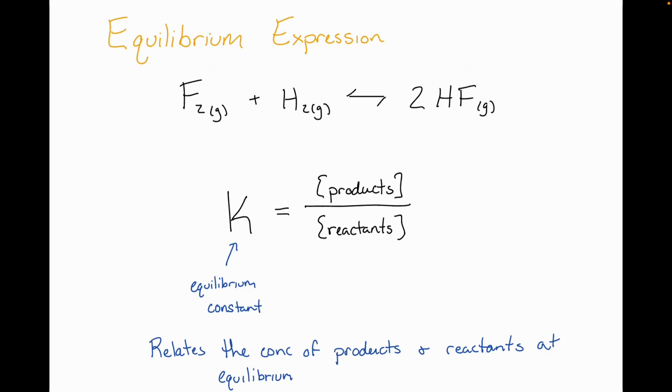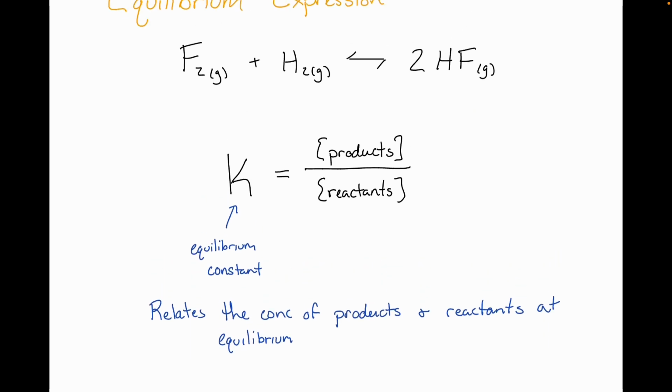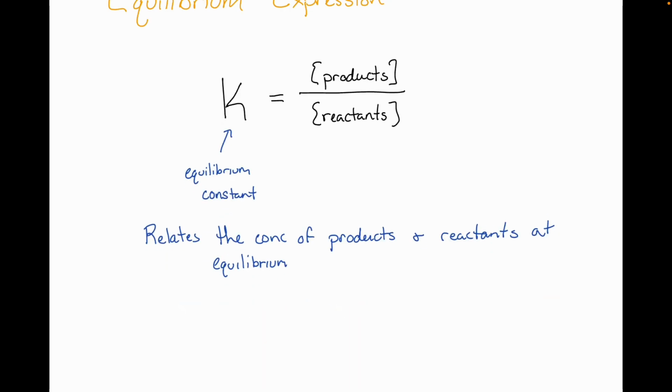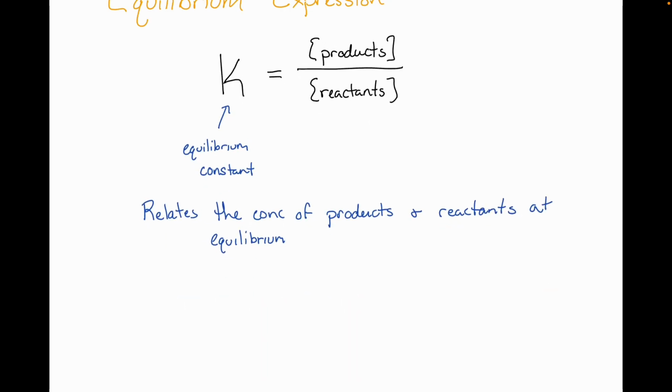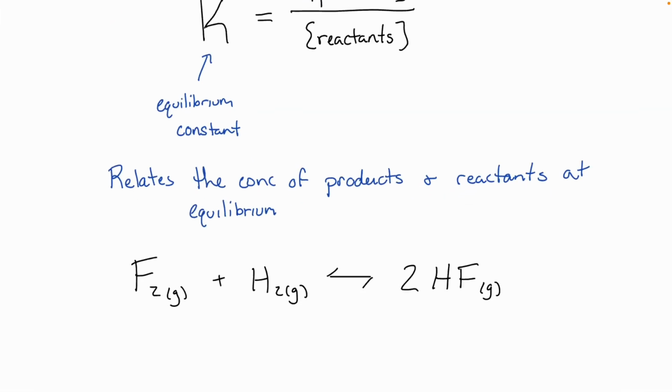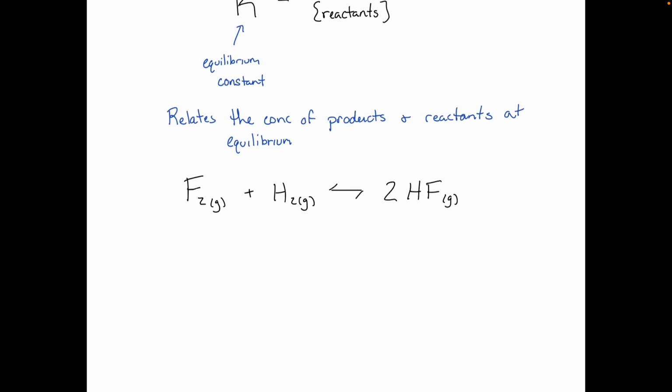So now let's use this particular example here. I'm going to actually move it down. All right, so how do I build my equilibrium expression? I got this constant K. It's going to be equal to the concentration of the products, in this case my HF, divided by the concentration of my reactants.